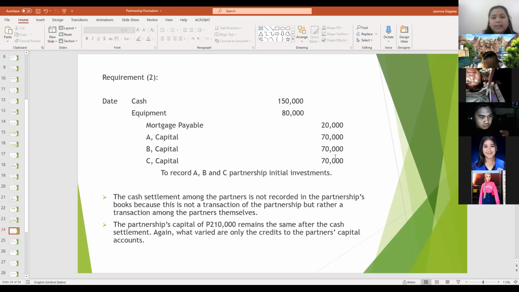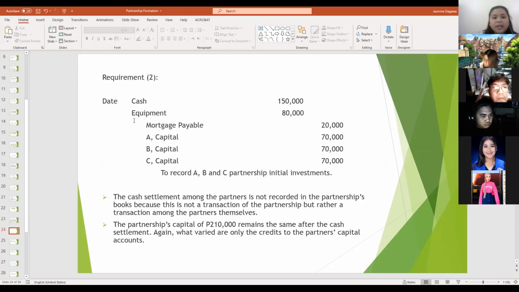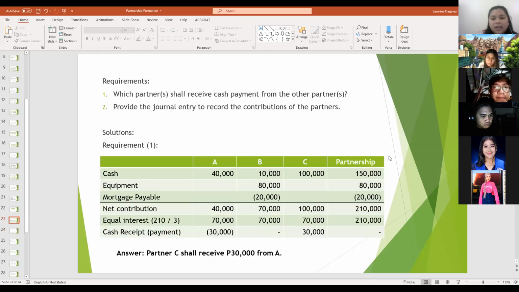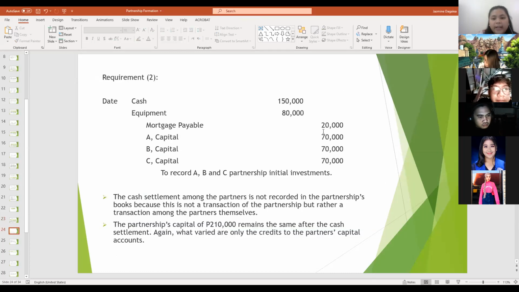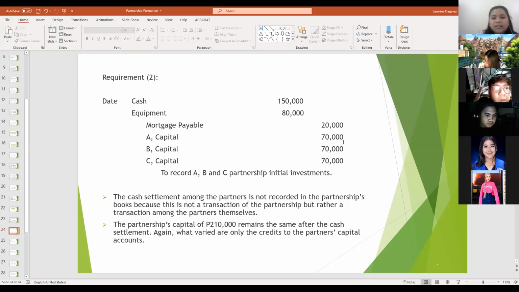So, yung journal entry, ganito. Debit cash, 150,000. I-extend nyo lang to siya. Debit equipment, 80,000. Credit mortgage payable, 20,000. Tapos, A capital, 70,000.